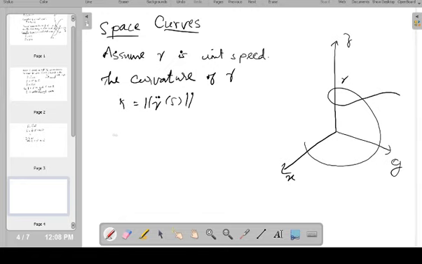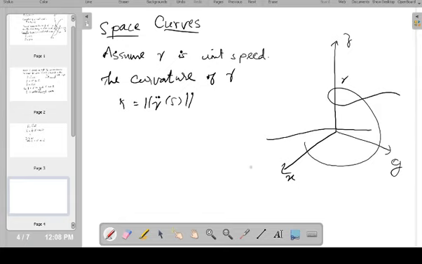Now for space curves there is another thing which is also important. For example, this is a straight line in R3 and its curvature is equal to 0, but this is a plane curve, of course, it lies in a plane.